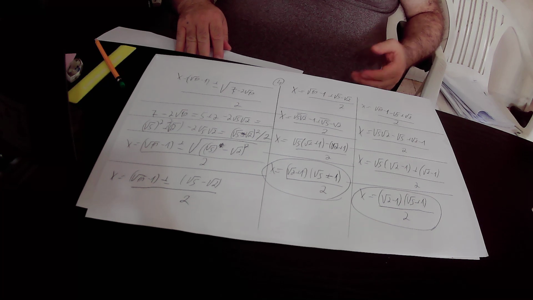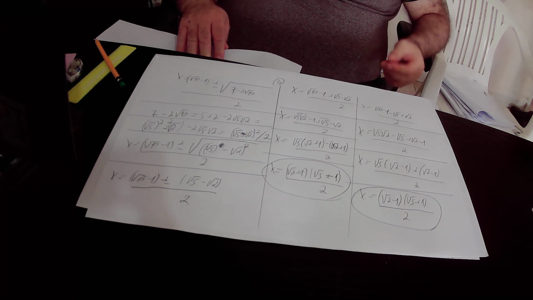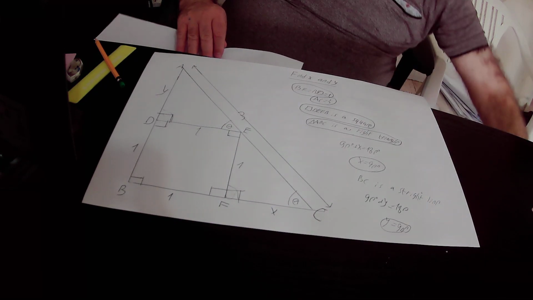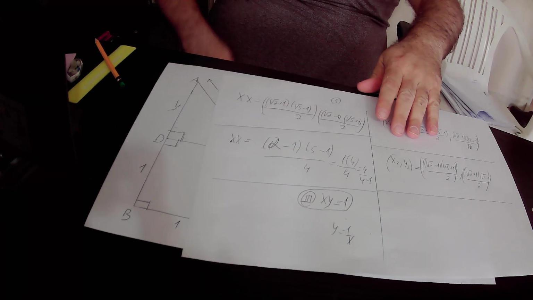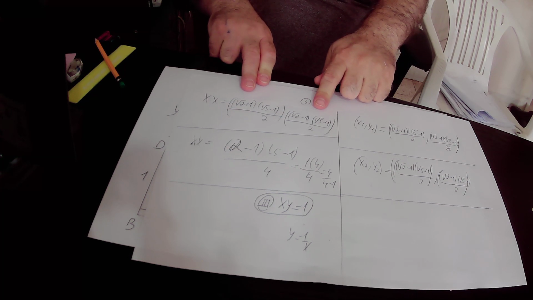And then we multiply the two solutions for x by each other, and we got that x1 times x2 is equal to this expression, and the multiplication of those two expressions by each other will give us 1. Why?